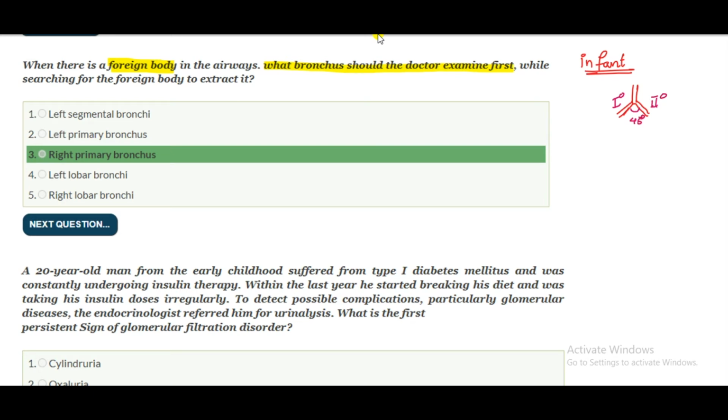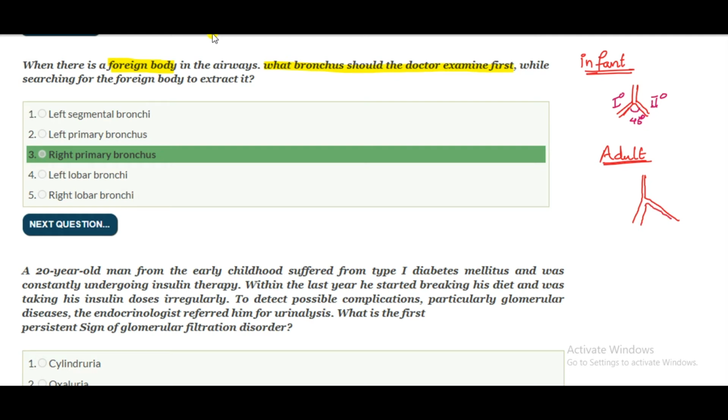The angle between the primary right and left bronchus is approximately 45 degrees in infants, and they are the same. It's not secondary, it's primary right and left, right? Actually, I made a mistake here.